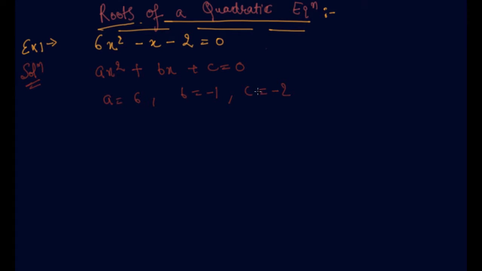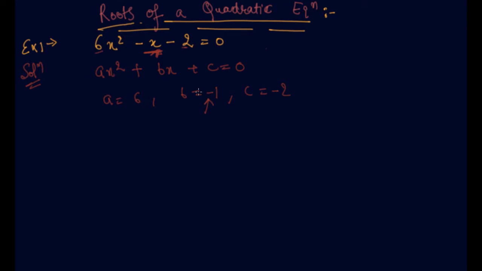Okay, to find out the roots of a quadratic equation, one main funda is you have to split this middle number b in such a way that the product will be a into c. Let's suppose I split the number b in a way that the product will be minus 12, and the sum of the numbers will be minus 1, equal to b.